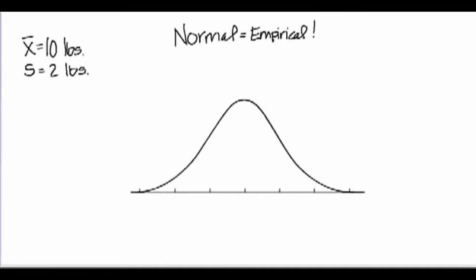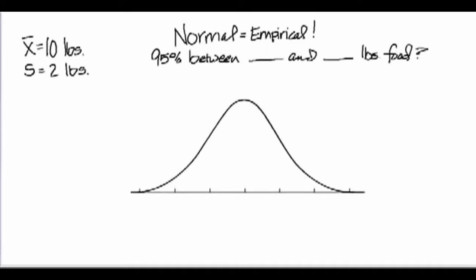95% of dogs in the world, or at least based on this sample, are going to eat how much dog food. So I can say, because I have a normal distribution, I can use this to say 95% of the dogs will eat between how many and how many pounds of food, because I've got to figure out if I can afford this dog.